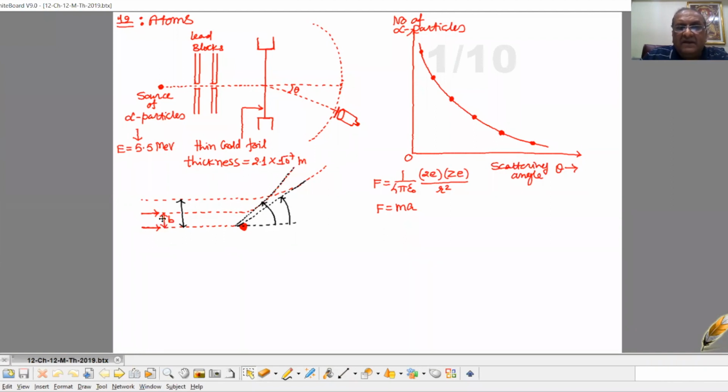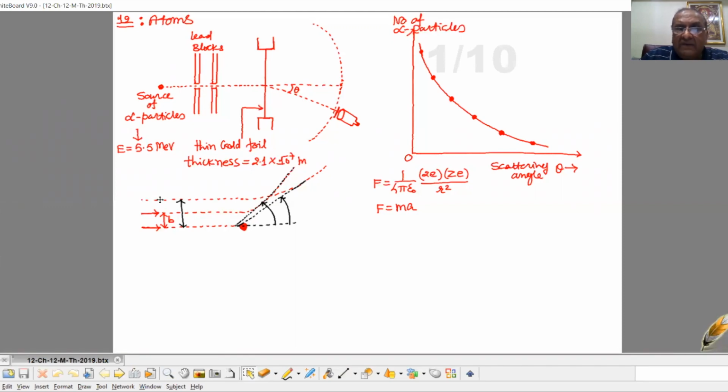Now see, if the impact parameter is small, it implies that the alpha particle is passing very close to the center of the atom. So if it is passing close to it, then it will experience more repulsive force, so scattering will be at more angle.